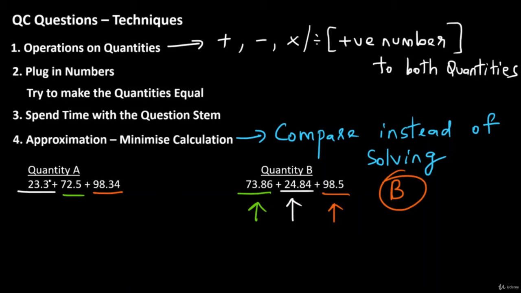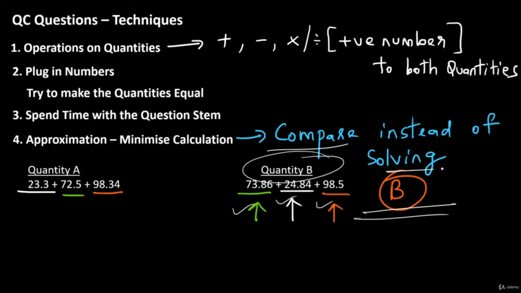So by comparing these three numbers individually, it's bigger on this side. Therefore, definitely quantity B has to be greater than quantity A, and the correct answer to this question is option B. If you do it this way, you can do this question much faster than by finding the exact answer of quantity A and quantity B. So try to compare instead of solving.